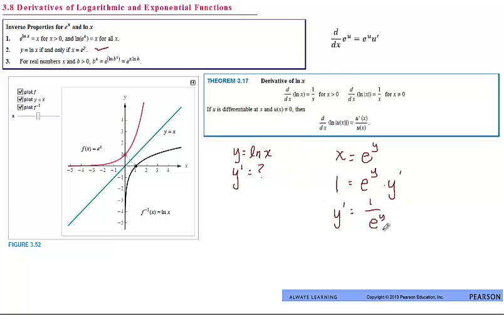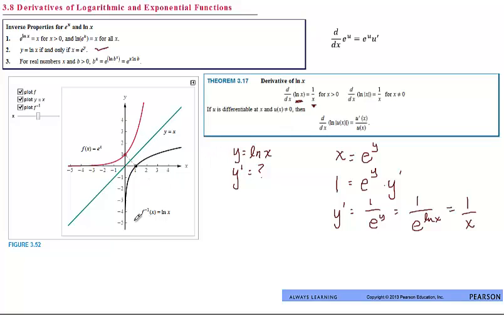Y happens to be the natural log of x, so I'll rewrite that: 1 over e to the natural log of x. This simplifies using that inverse property 1. It's 1 over x. If I wish to take the derivative of the natural log of x, the answer will be 1 over x.